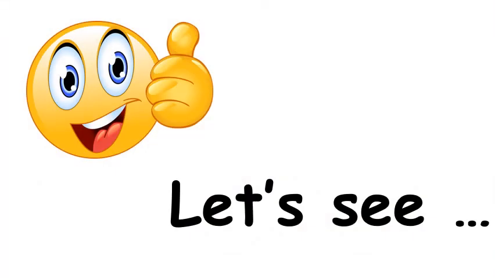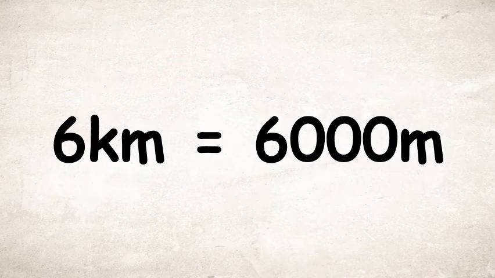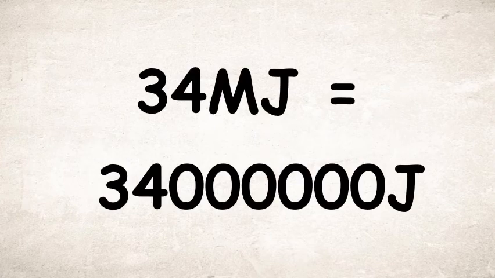Ready? Okay, let's have a look. First up, 6 kilometers. Remember, kilo means times 1000, so that gives us 6000 meters. Next, we have 34 megajoules.